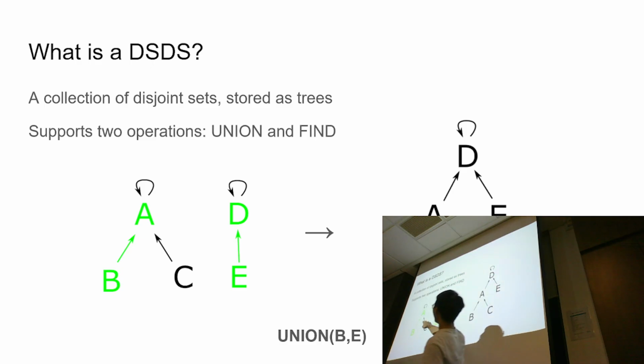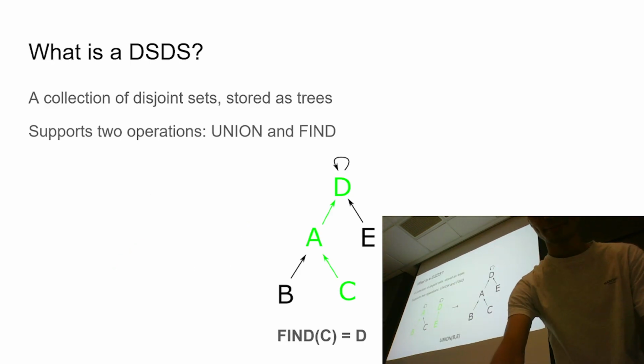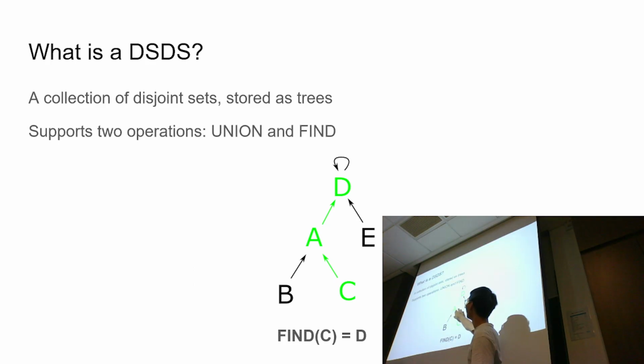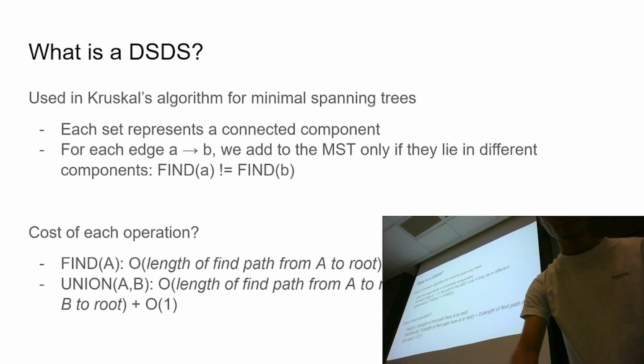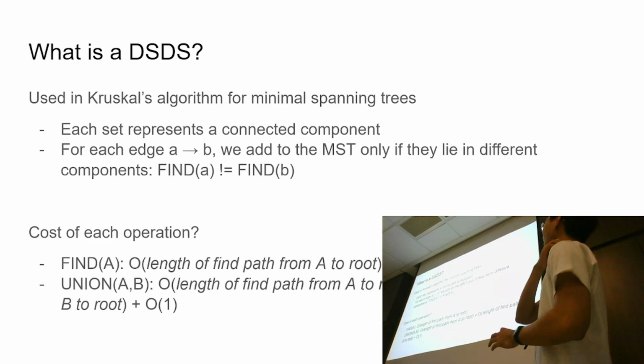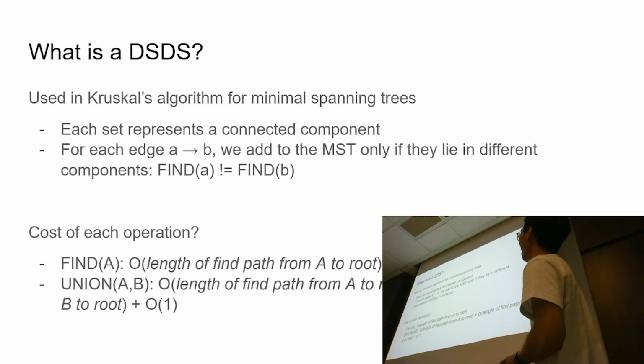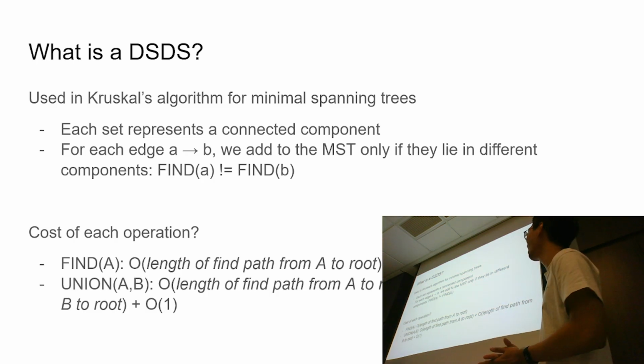So imagine you're actually drawing a link from A to D here to form this new picture. And now if you find C, instead of stopping at A because we unioned earlier, you'll stop at D. So this data structure is used, for example, in Kruskal's algorithm for finding minimal spanning trees.